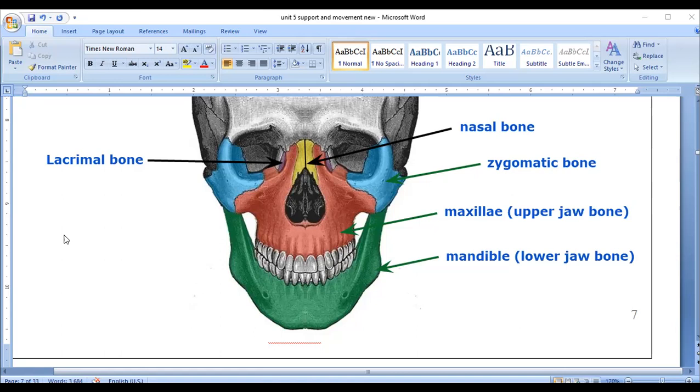One maxillae, one mandible, correct? Yes, sir. Okay. The rest of the bones we have to go inside and see.